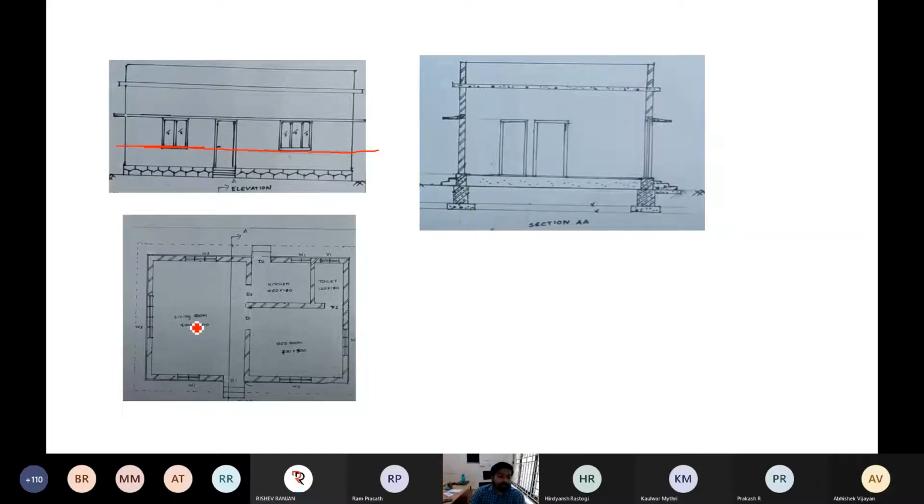You can represent this as x into y: 400 is horizontal and 500 is vertical. So what is the total length and breadth you can calculate accordingly. Total 400 plus 20 plus 400 plus 20 plus 20. So 400 plus 400 is 800, 820, 840, 860.